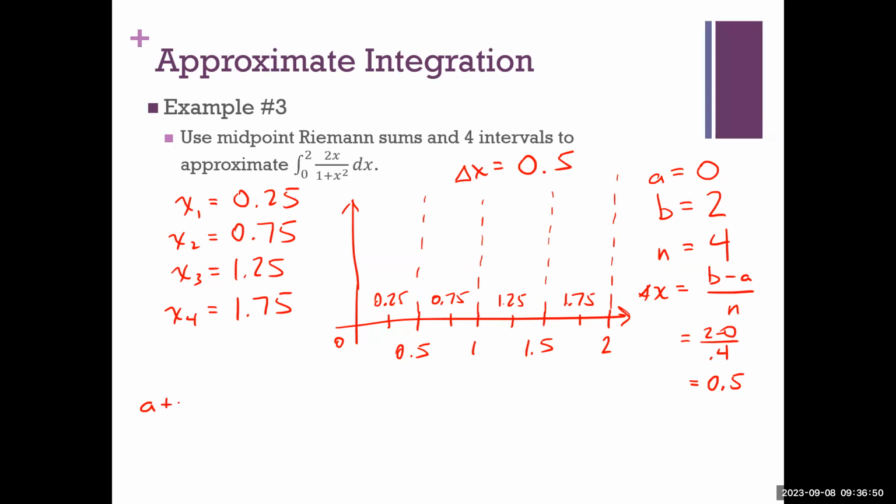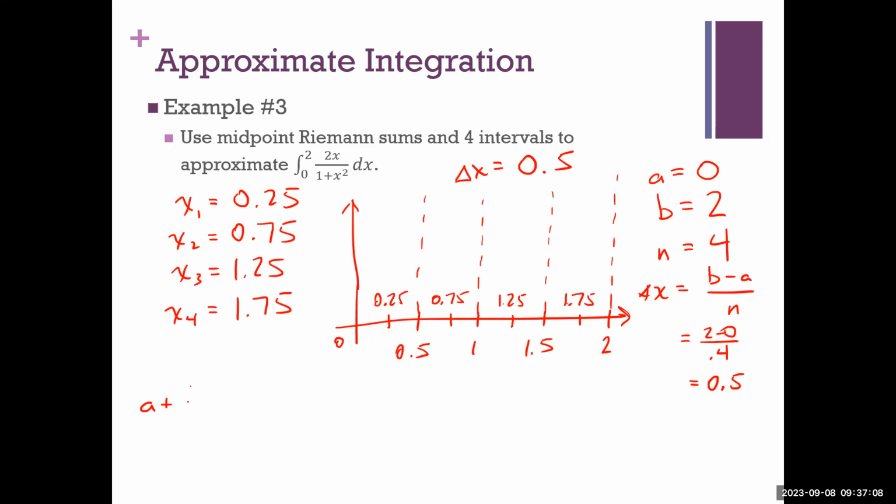Let me be more clear. In our case, our subintervals are 0.5 units wide, right? So if I want to find the midpoint, how far from the left side of the interval do I need to go? Half of whatever delta X is.